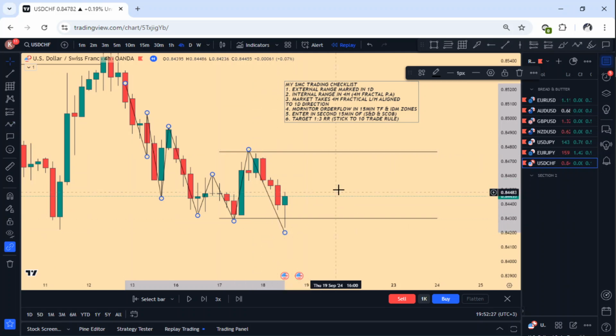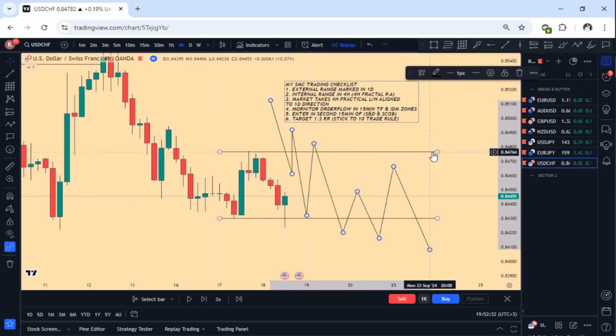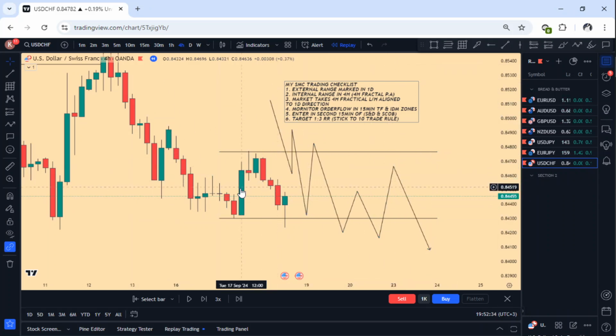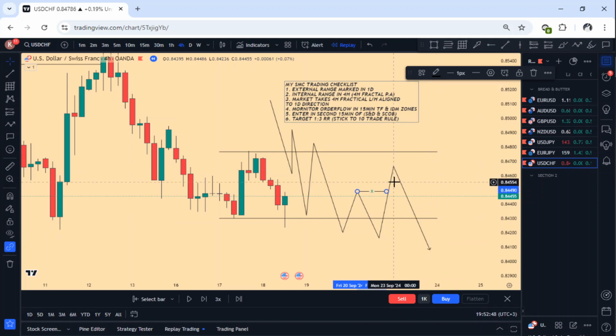So to simplify that is why I recommend just dealing with the fractals. If you deal with the fractals and take note of daily closing bullish or lower when the market is selling, that is just an IDM sweep in 4 hours, and let's say 8 hours, 12 hours.